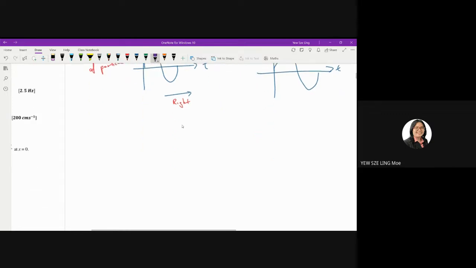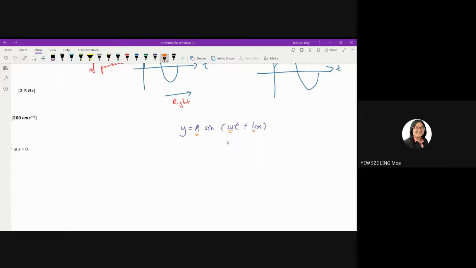So the general equation that we have is y equals A sine omega t plus or minus kx. Okay, I'm going to write it as a plus-minus sign, as a general equation. So the values that we must substitute into this equation are A, omega, and k, because these three are constant.